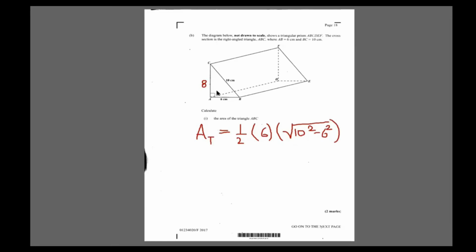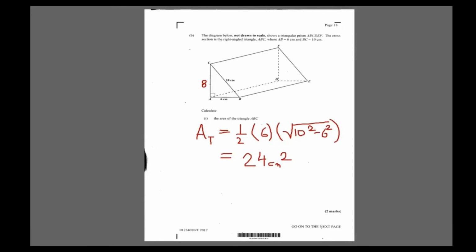Pythagoras Theorem tells us that the opposite squared plus the adjacent squared is the hypotenuse squared. So half of 6, which is 3, times 8, is 24. The area of the triangle is 24 centimeters squared.